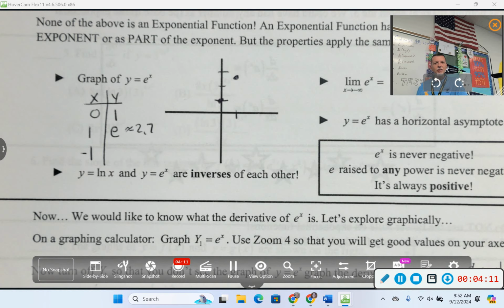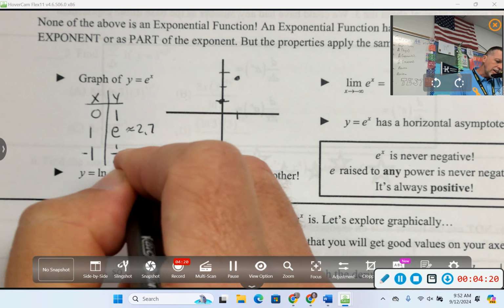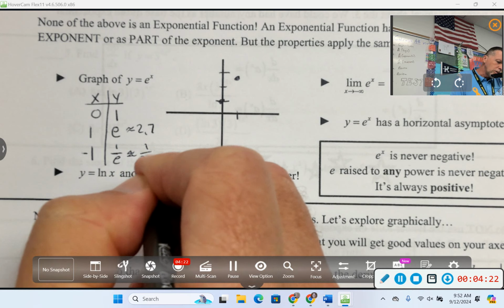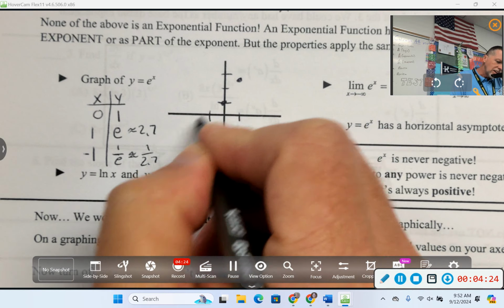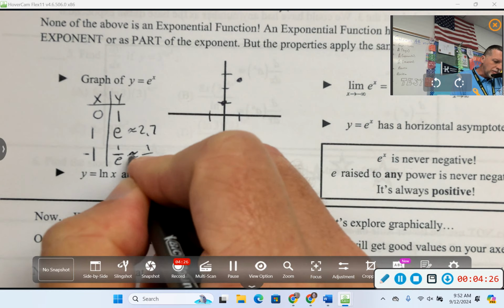X is negative 1. We just reviewed that a negative flips it over, so this would be 1 over e, which I don't really know what that is, but it's close to 1 over 2.7. So, I mean, we're just really rounding now on the graph. That's at least in the neighborhood of 1/3.